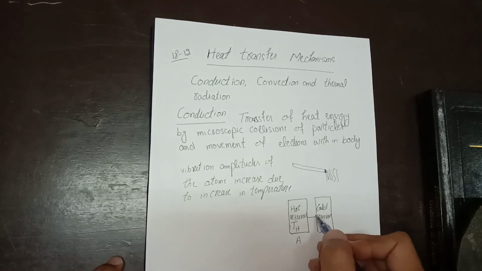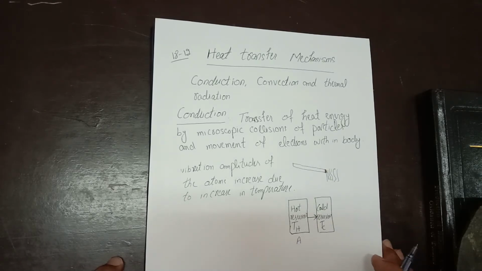Now the heat energy transfer will take place from the hot reservoir towards the cold reservoir. But one thing should be kept in mind, that we are considering steady flow of heat from one reservoir to another reservoir.